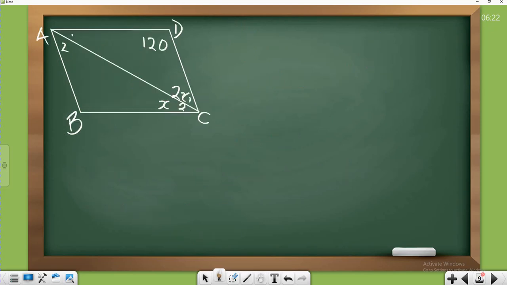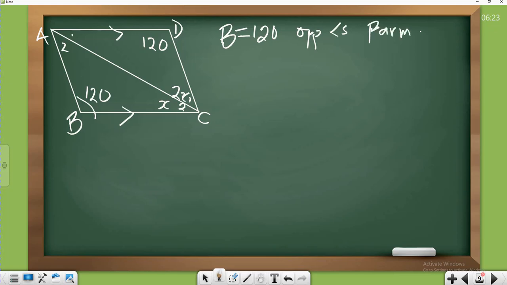Look at this. Again, we're given that it is a parallelogram there. All right, so this side is parallel to that side. And don't forget that the angles opposite in the parallelogram are equal, so that will be 120 as well. Okay, all right, so B is equal to 120. Opposite angles of a parallelogram.